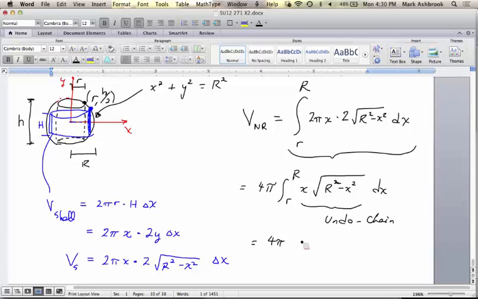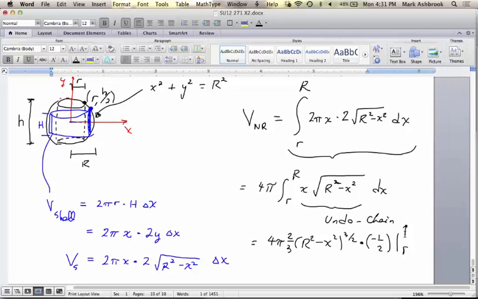So we get R squared minus x squared to the 3/2, and we need a 2/3, and then we got what? -2. If we took the derivative, we'd have -2x, which we don't have. We don't have a -2x, so to compensate, we need -1/2.